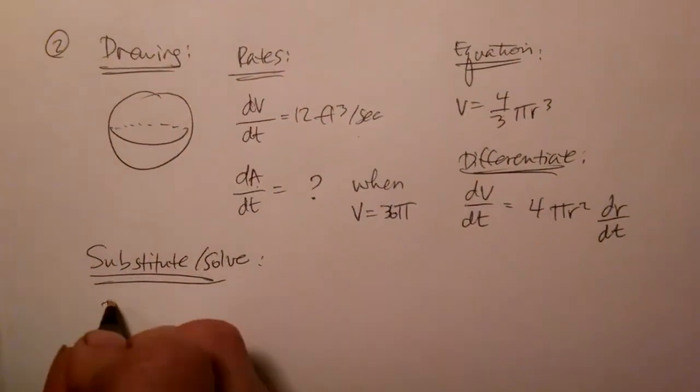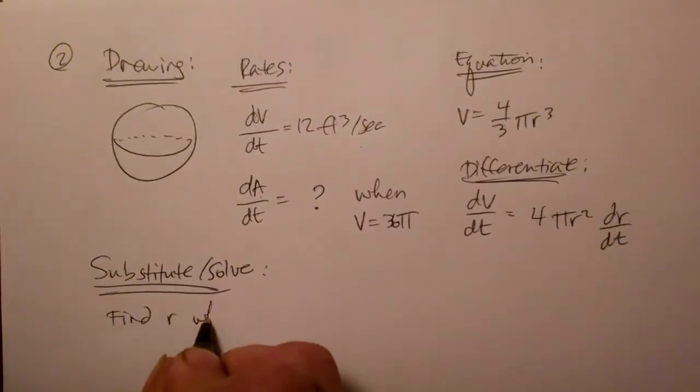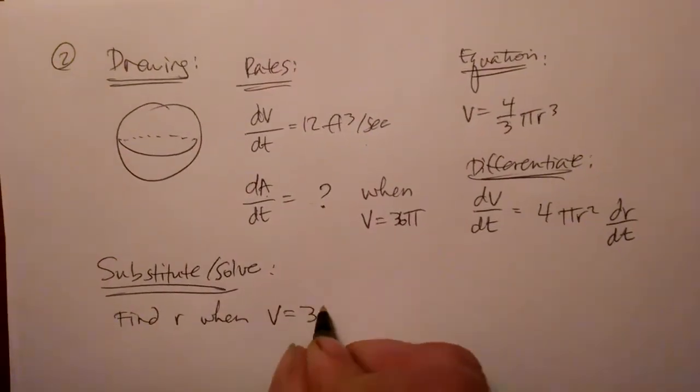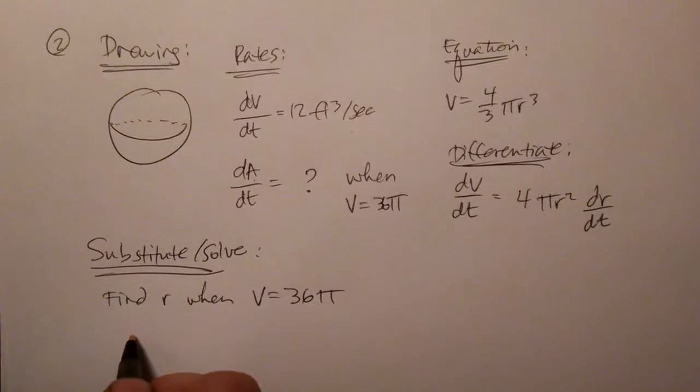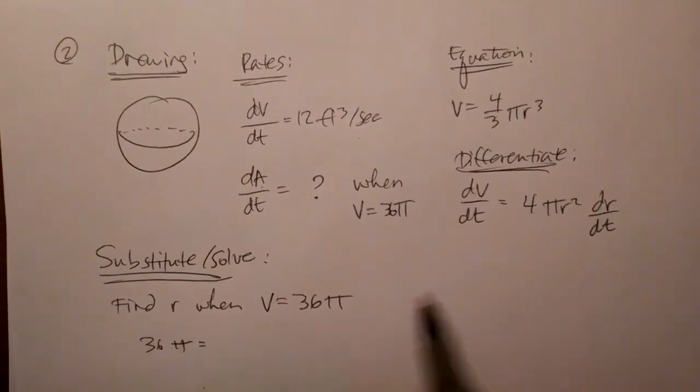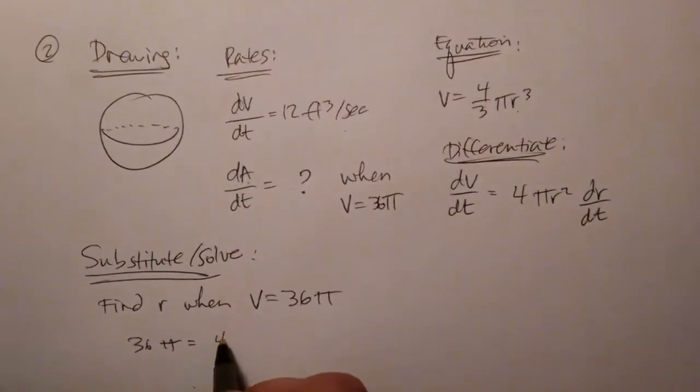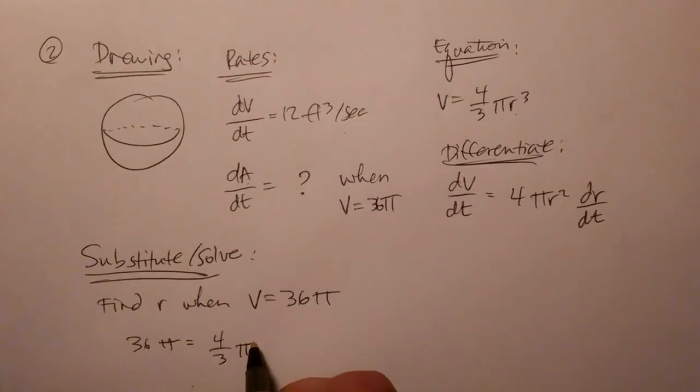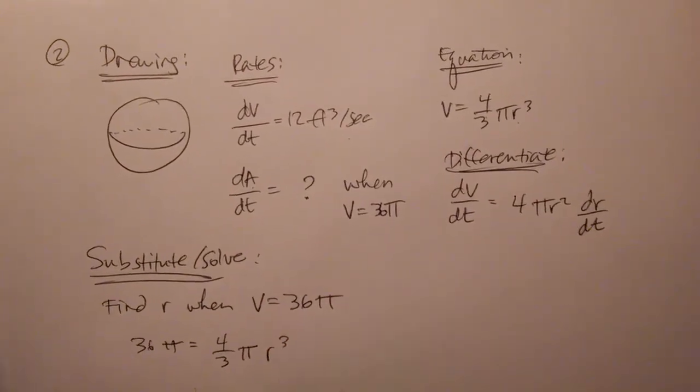We need to find r when the volume is 36 pi. So 36 pi, we're just plugging into the equation up here, equals 4/3 pi r cubed.